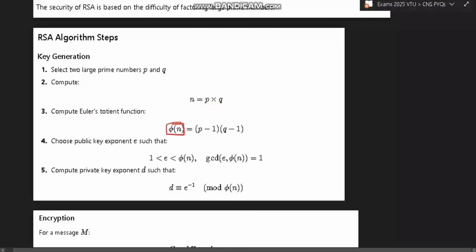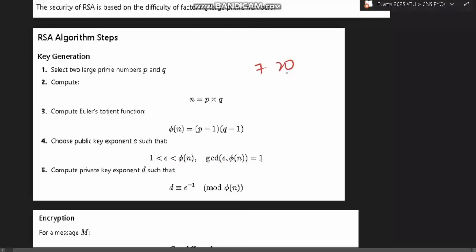Choose the public key exponent e such that e lies between 1 and phi of n. The e value which we select should be such that the GCD between phi of n and e is 1, meaning there is no common divisor. For example, the common divisor between 7 and 20 is just 1.